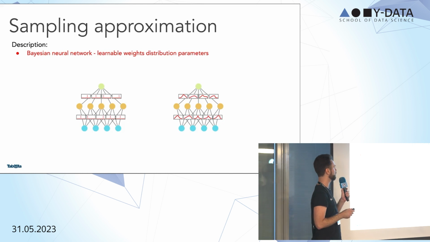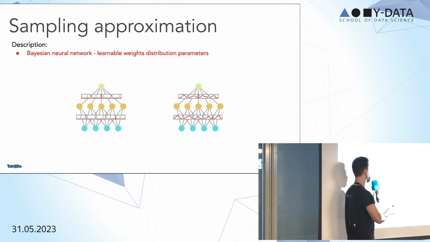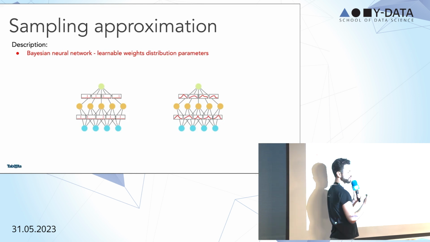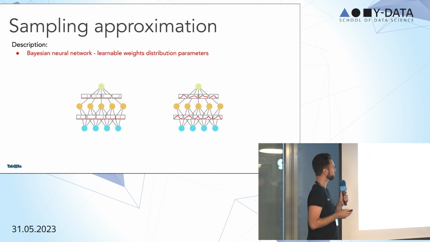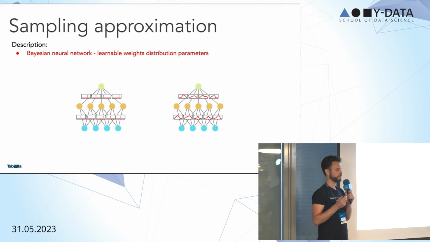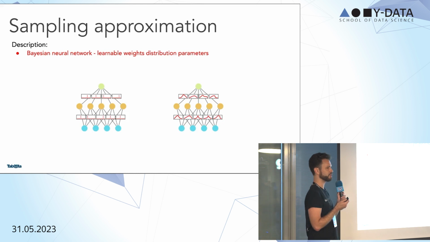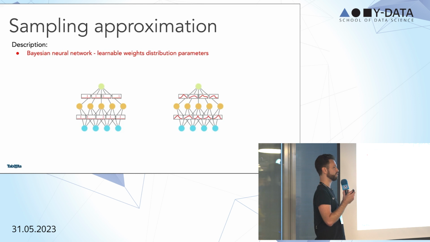In a Bayesian neural network, we are learning probabilities for each neuron or for some subset of the neurons. So when we infer from these networks, instead of multiplying by a concrete value that the training process has achieved, we are sampling from the distribution that was learned and then using this value in the computation.